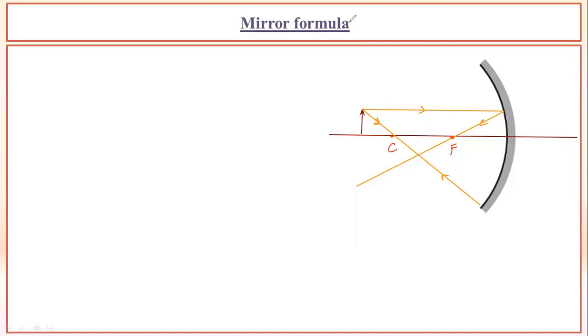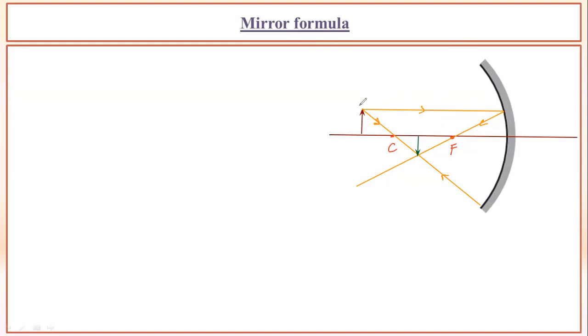So our image is going to form between C and F. Just a minute, let me do this adjustment. Okay, it's done. As I was saying, when the object is placed beyond C, the image forms between C and F. These are the things we have to do for the ray diagram.